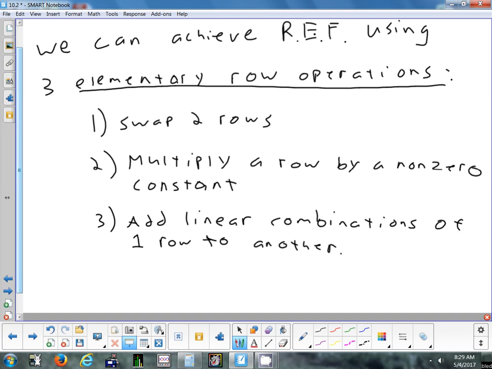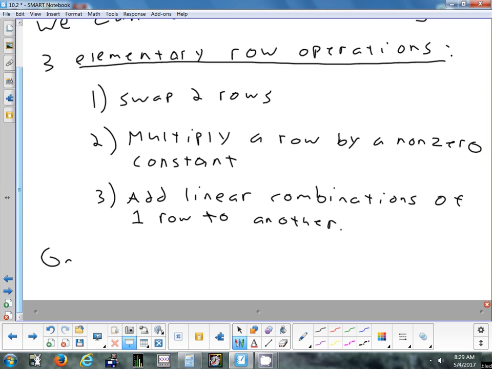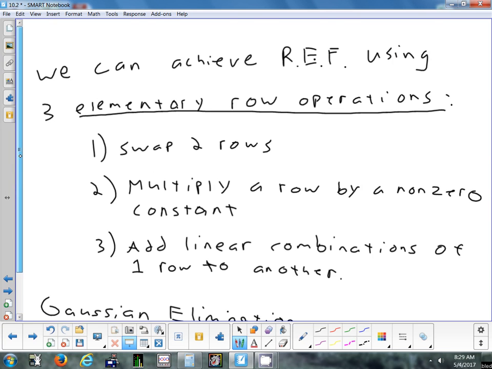Okay, and this whole process is called Gaussian elimination. So you might see that term on the test. If you see a problem that says solve using Gaussian elimination, that's the process of turning a matrix into row echelon form using these 3 steps.